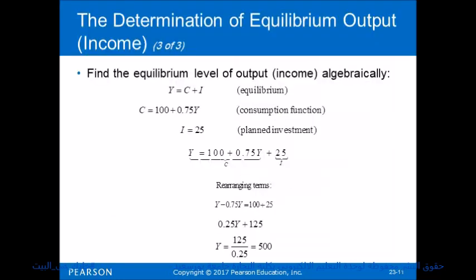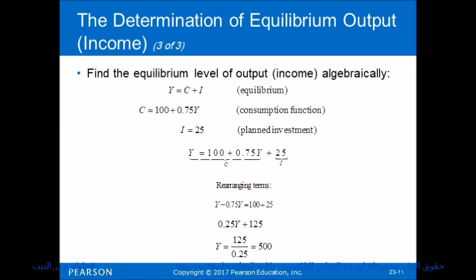Here we have a solved problem. Find the equilibrium level of output or income, but this time using algebra. You are given the equilibrium condition as y equals C plus I. You are given also C equals 100 plus 0.75y, which is the consumption function.